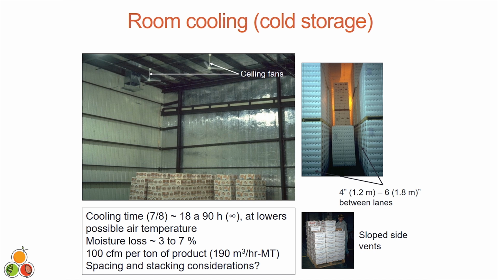If I put an apple in a large refrigerated unit, it could take between 18 and 90 hours, or in many cases you will never achieve the 7/8 cooling just because the air is stagnant within that room. So just placing fresh fruits and vegetables within a cold room is not useless. It's better than being outside, but that cooling rate doesn't exist.